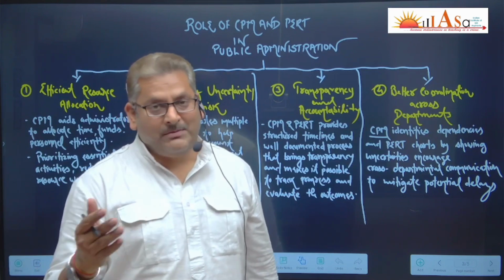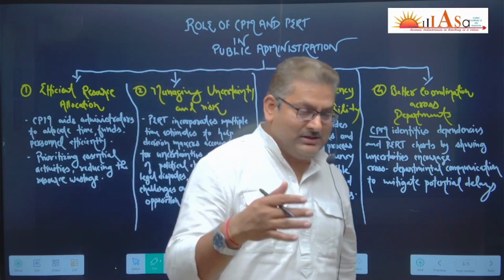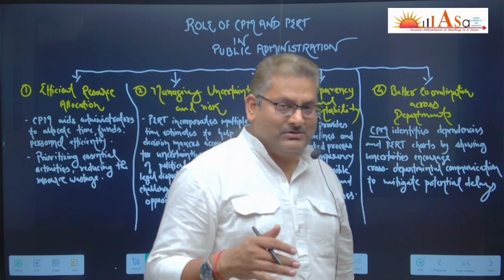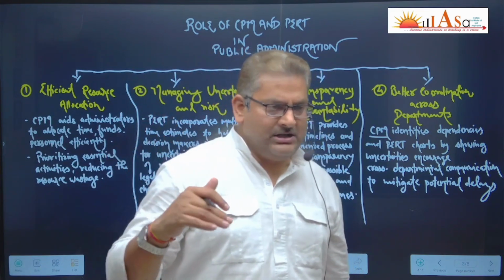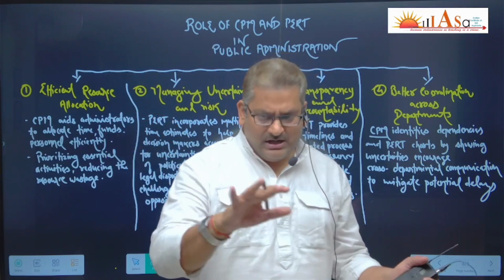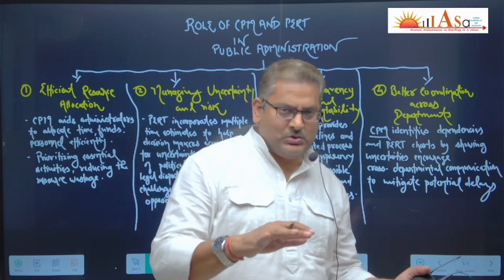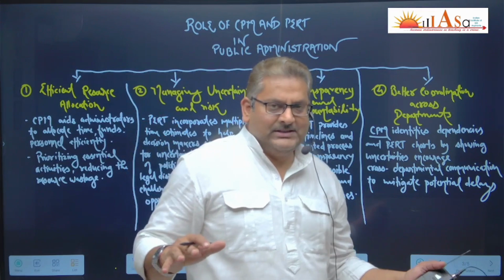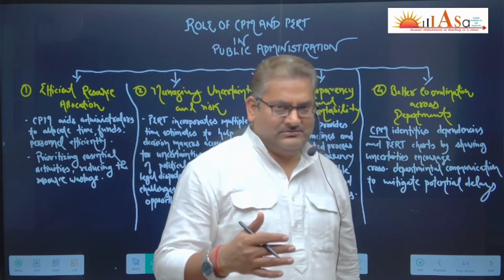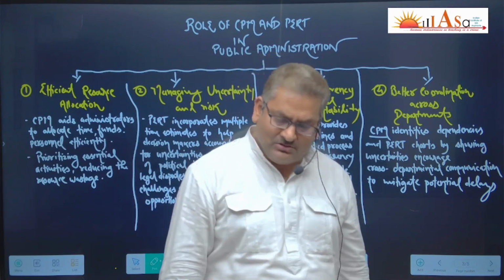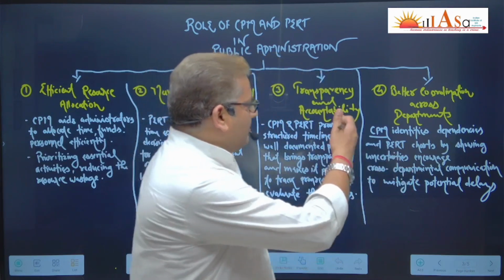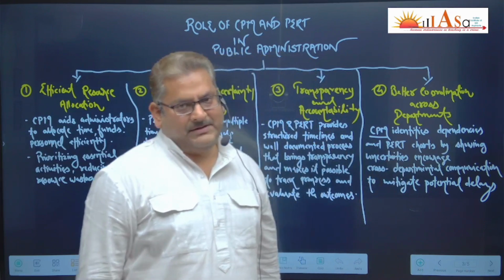In any program and project, a number of NGOs are supposed to carry out certain activities, or the government has this much responsibility, the central government or state government or local government. Things are designed so well on paper that it provides for coordination. Coordination comes because of cross-departmental communication. It has to take place. So, better coordination across departments.